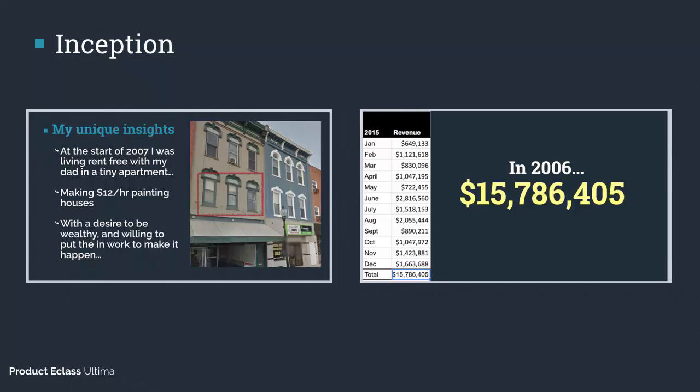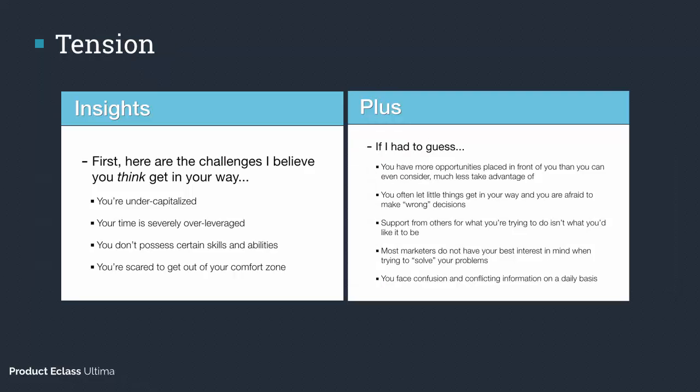Another example of tension here, where I create tension throughout the process of telling my story, of the hook, of the value of what we have for them and how we discovered that and how it's unique and powerful just specifically for them. But the tension is this. I say, listen, you might not want to make a go at this because you feel like you don't have enough money, you feel like you don't have enough time, you feel like you're underqualified, and you're scared.